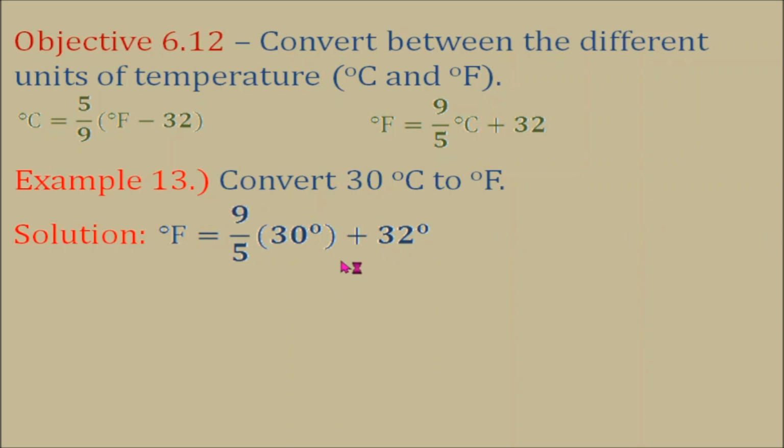First, we are going to simplify this part here. So 30 divided by 5 is 6, times 9 is 54. So that means we have degrees Fahrenheit equals 54 degrees plus 32 degrees. And 54 plus 32 equals 86. So this means 30 degrees Celsius equals 86 degrees Fahrenheit.